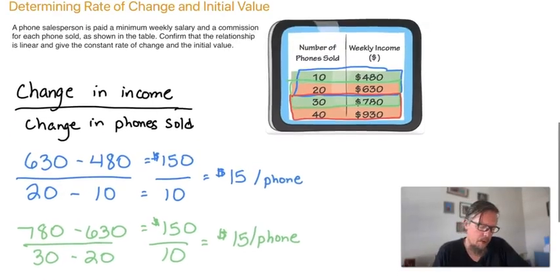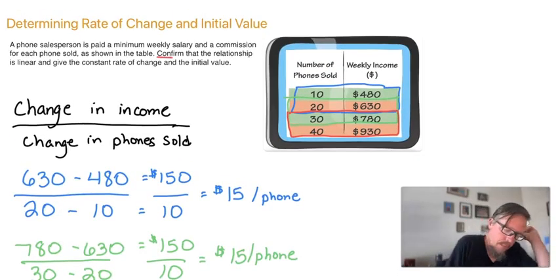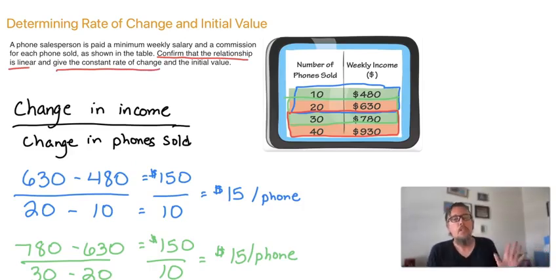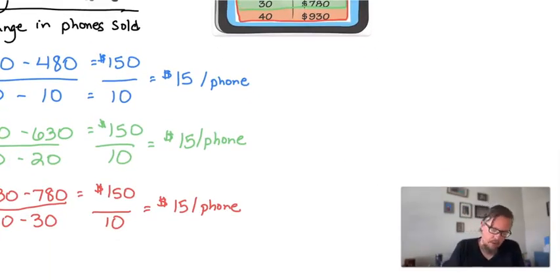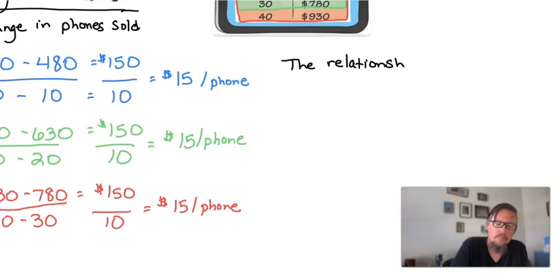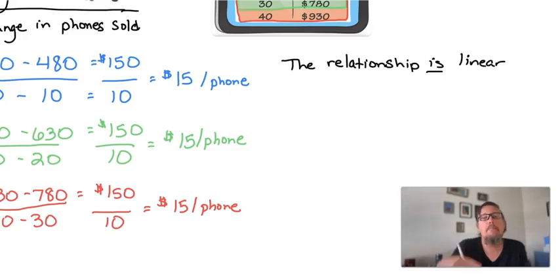If we go back up to the problem, it said, confirm that the relationship is linear and give the constant rate of change. We've done both of those things. By doing these three sets of math problems, we have said the relationship is linear. And how do we know it's linear?